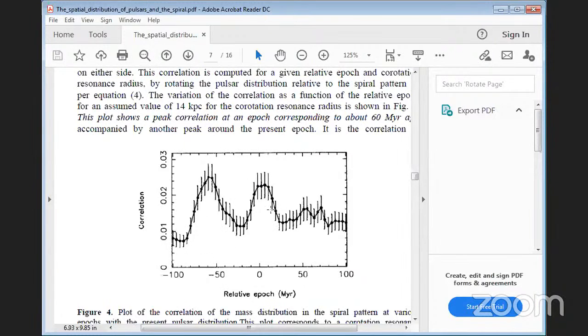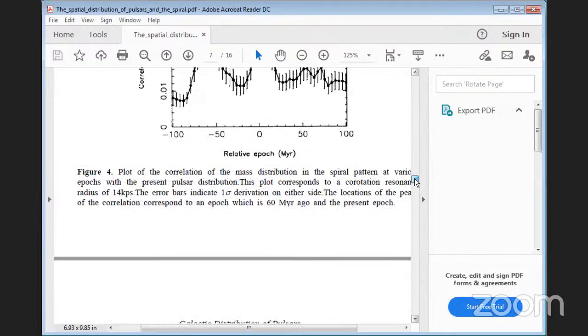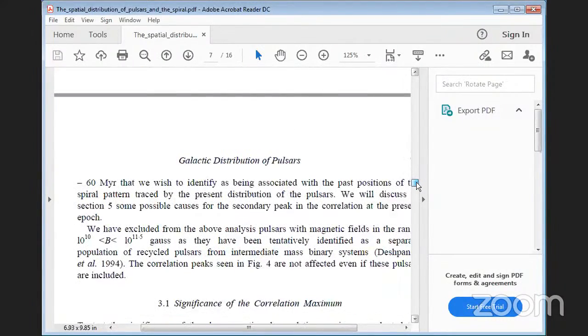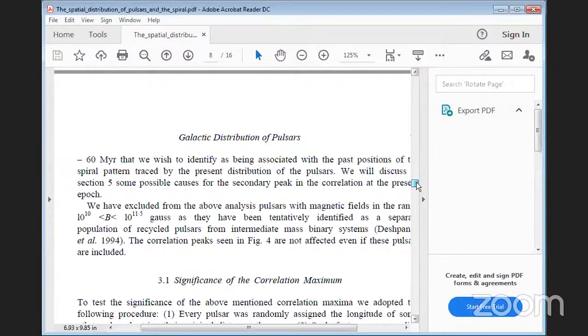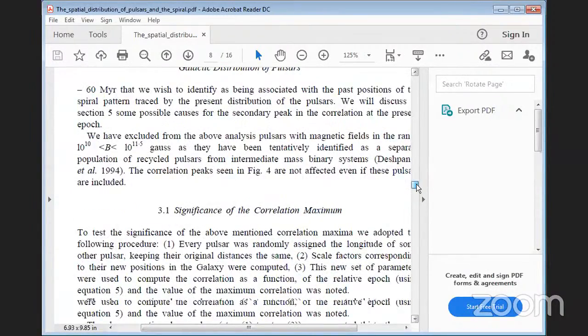There is also this other bump, close to 0, which comes because of contamination that occurs for a variety of reasons, some of which can be avoided, some of which cannot.